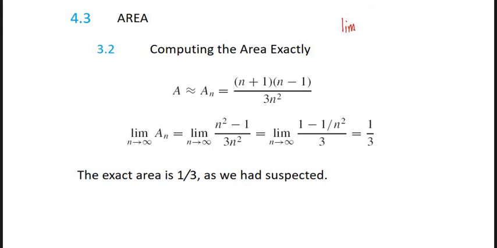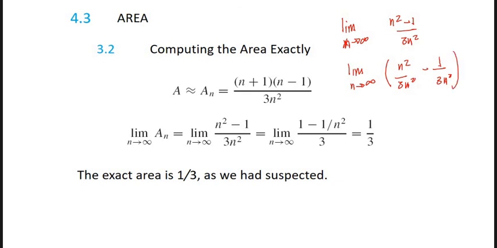The limit, when n goes to infinity, of n squared minus 1 over 3n squared. I would have done this differently. I would do this, which in some way is actually what they did. It's going to be n squared divided by 3n squared, minus 1 over 3 divided by n squared.